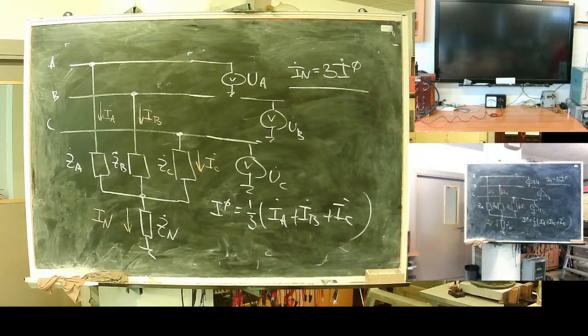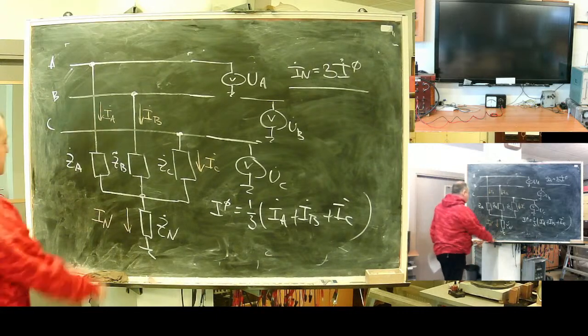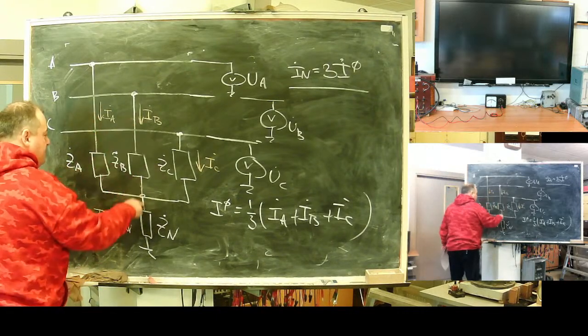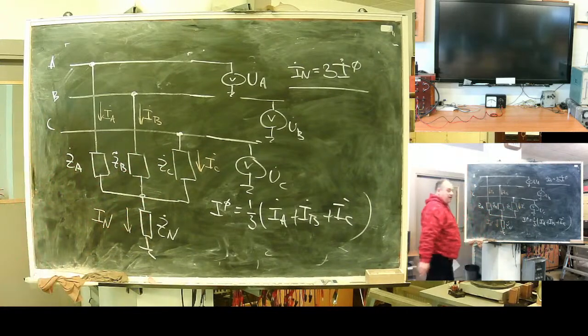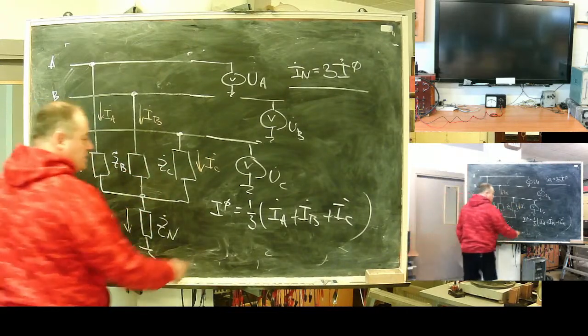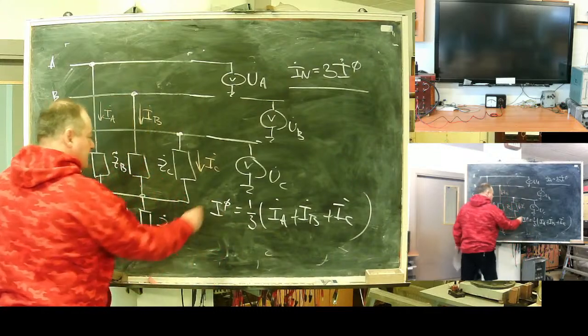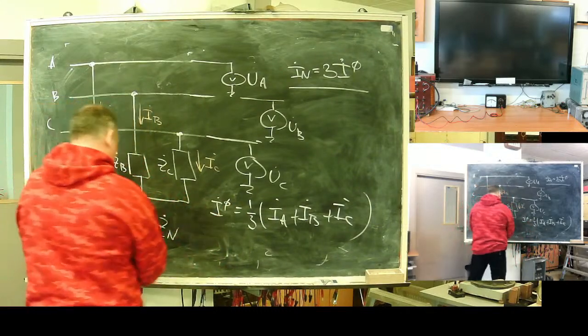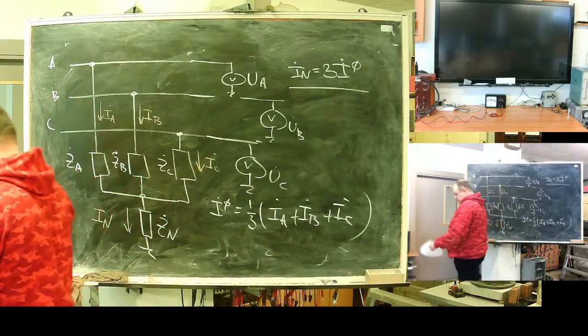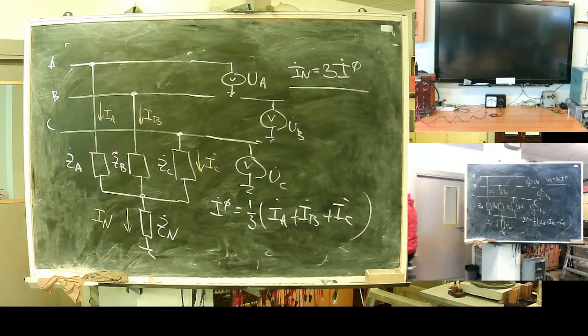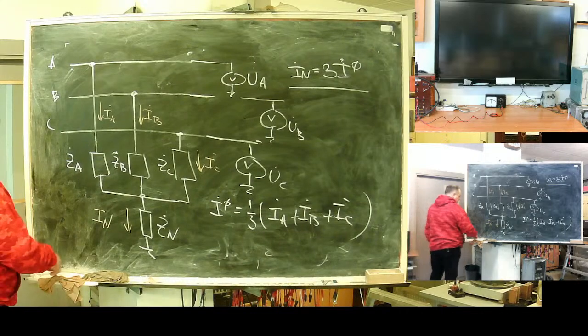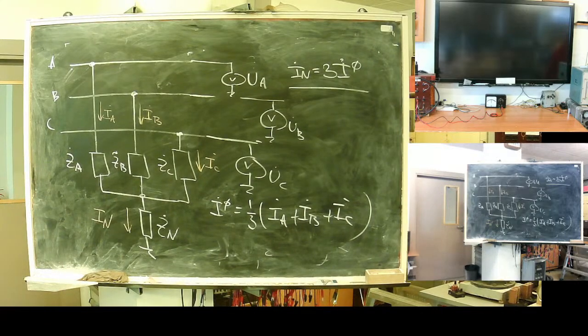My current, my rules. Here flows A, B, C, the sum of them. And neutral, you can check from the starting point of the Fortescue transform. I will get this.